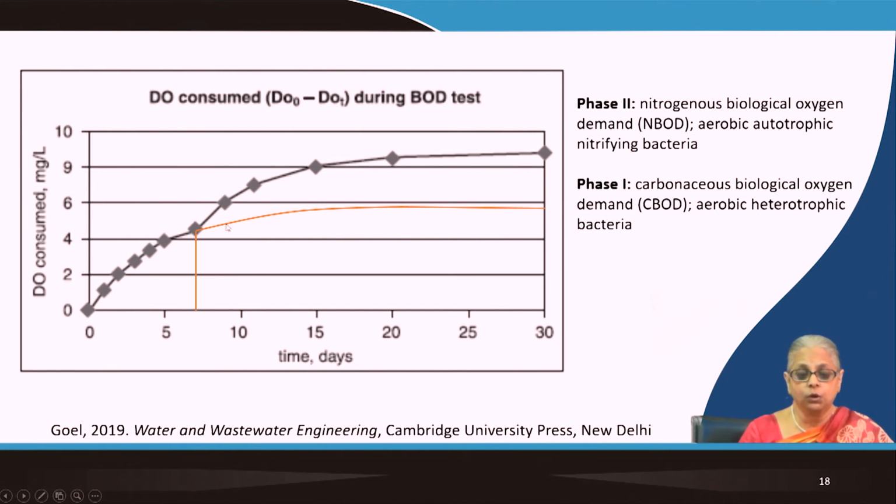And this orange line, which is an extension of the first part of this curve, is telling you what the ultimate carbonaceous BOD is. So this is the ultimate carbonaceous BOD, and the remaining part is the nitrogenous BOD.